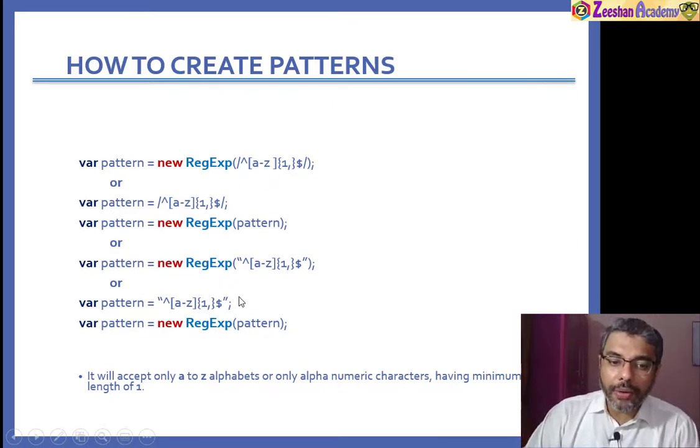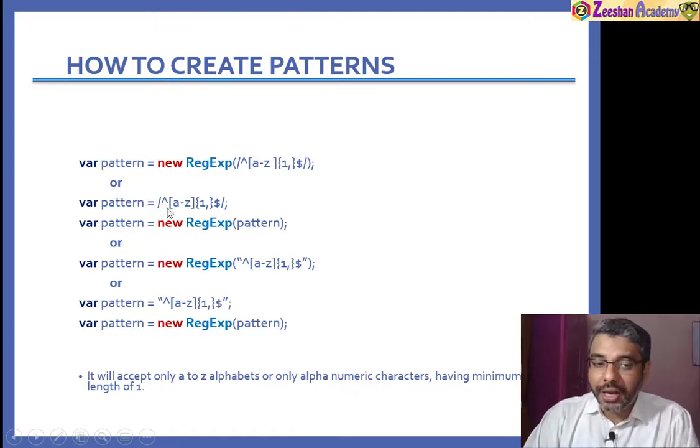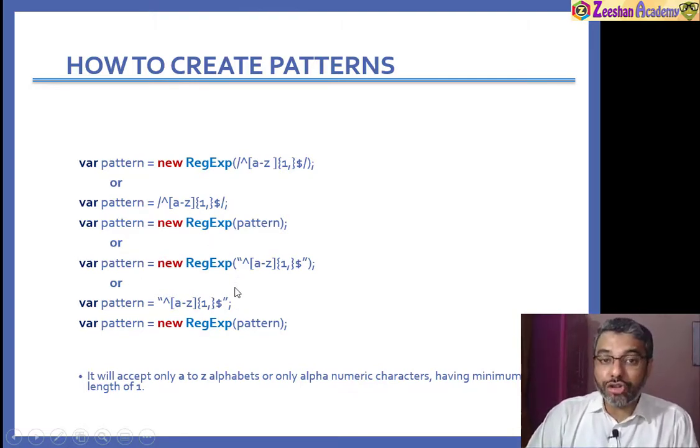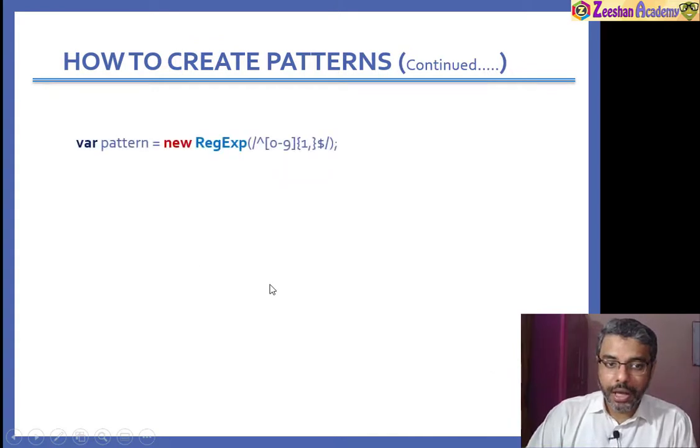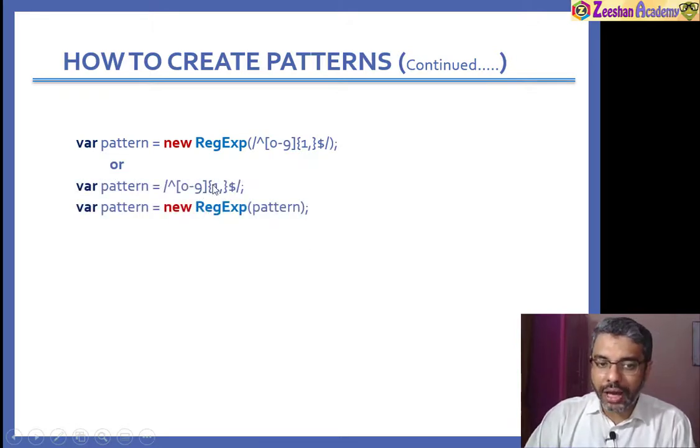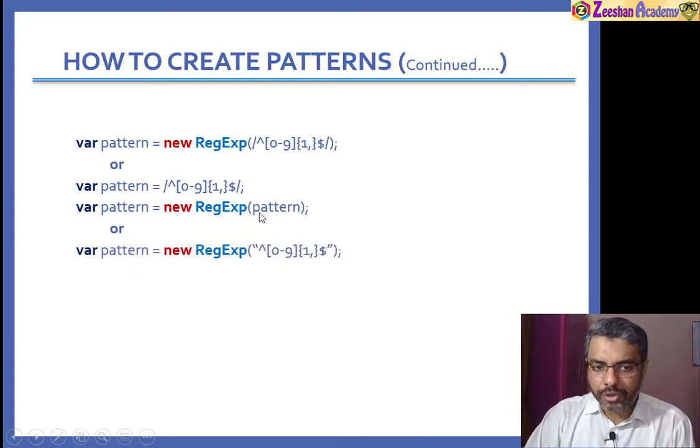So what I do now is, based on this pattern, it will go and verify and check within my string. A new pattern is also specified in terms of 0 to 9, or pattern 0 to 9, $1. Okay. Similarly, variable pattern is equal to new RegExp with quotation marks. You can do that as well.